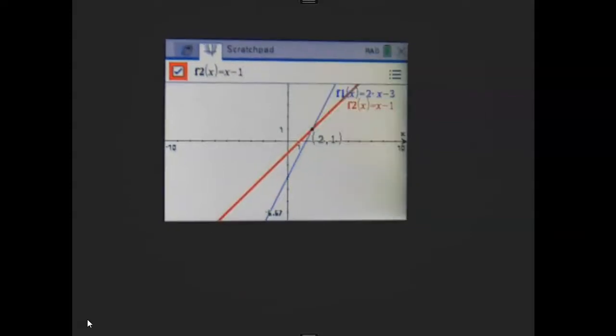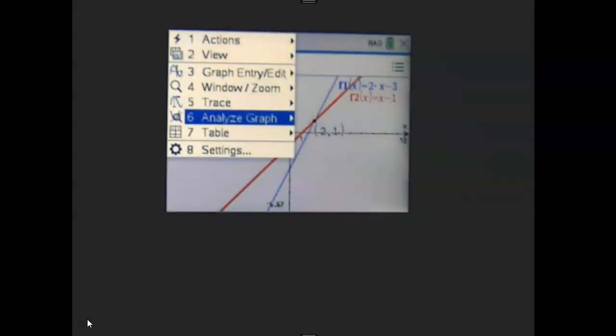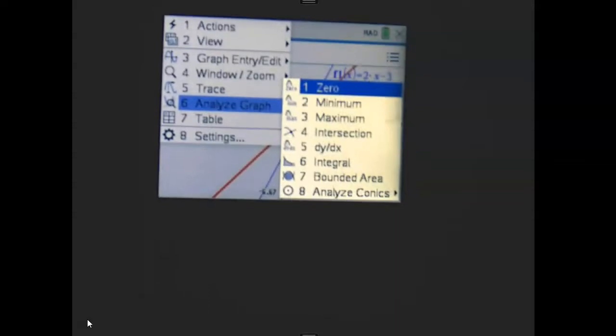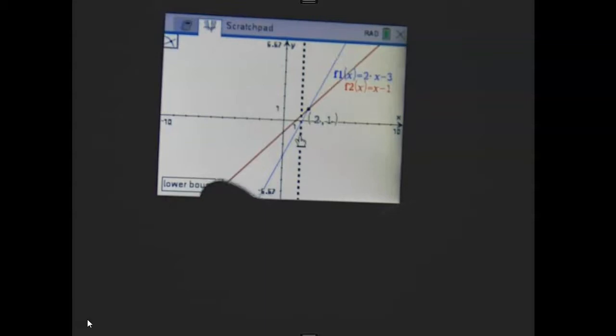If I want to see that intersection, I always hit menu, and I'm going to analyze. Remember, for quadratics, this is also where I can get my zero and my minimum and my maximum. But I also can find that intersection. So 4, and it's going to ask for a lower bound. It says lower bound in this bottom left corner.